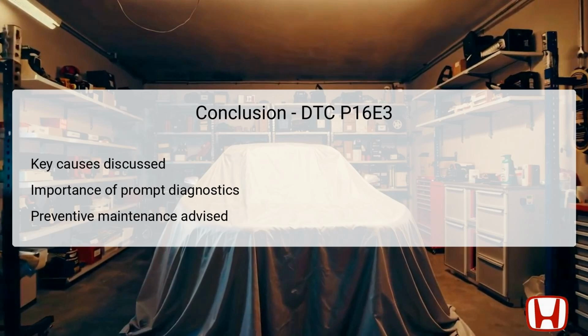The troubleshooting steps outlined should be followed carefully to ensure accurate diagnostics and repairs. Moreover, preventive maintenance is recommended to preempt similar issues in the future, emphasizing the significance of regular system checks and updates. By taking these steps, vehicle owners can maintain their Honda CR-V's efficiency and reliability over time.